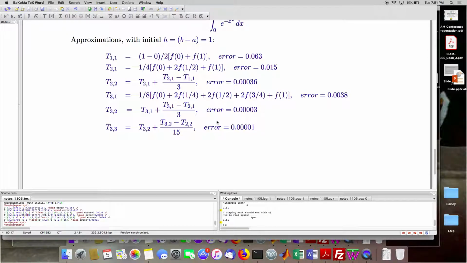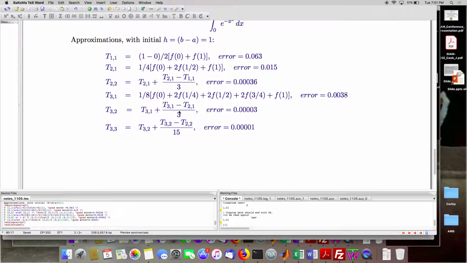All right. Let's see. Now, one thing I want to point out, we take a look at where f was actually evaluated. We have first time through 0 and 1. Second time through 0 and 1 again, and then 1/2 is new. Then down here, 0, 1/2, and 1 repeated. 1/4 and 3/4 are new.